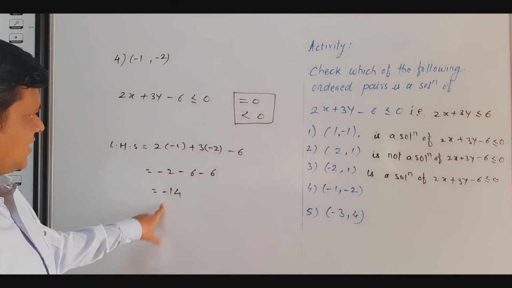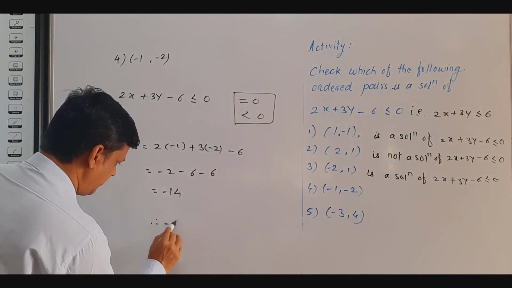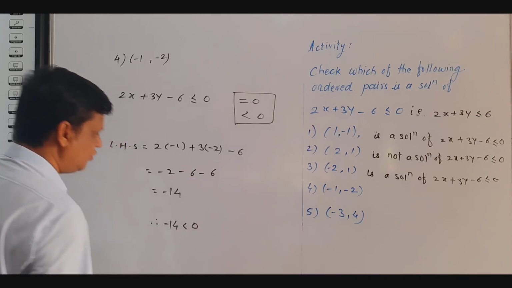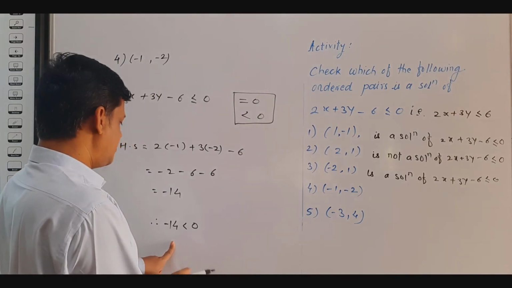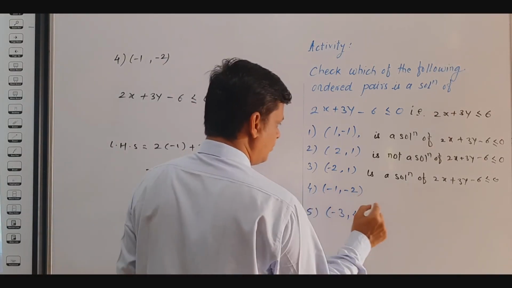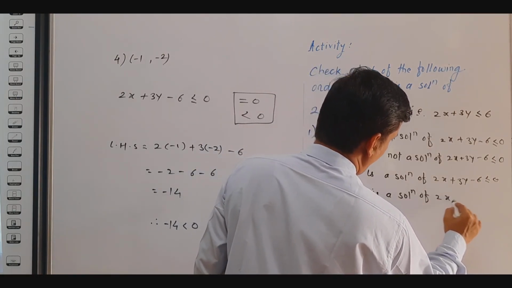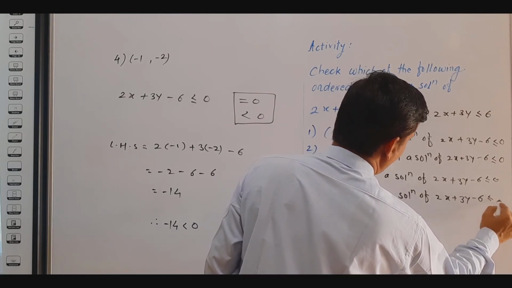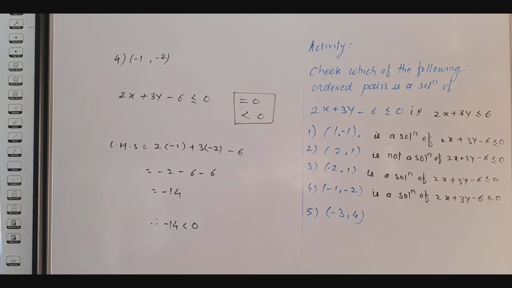And we know that -14 is less than 0. That means the condition is satisfied, that is, the inequality is satisfied. So we say this ordered pair (-1, -2) is a solution of 2x + 3y - 6 less than or equal to 0.